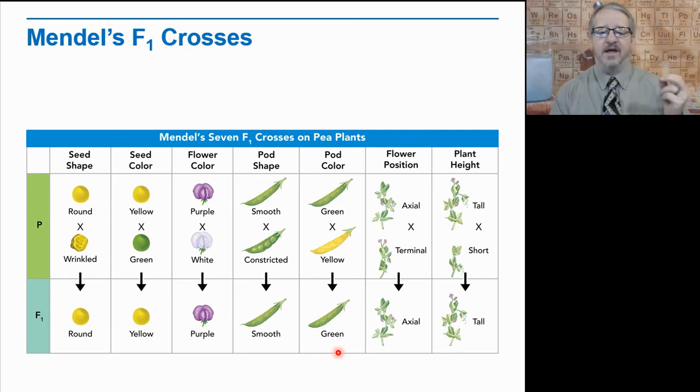So if the offspring gets two dominant alleles, it's going to show the dominant trait. If it gets two recessive alleles, it's going to show the recessive trait. And if it gets a dominant allele and a recessive allele, one from each parent, it's going to show the dominant trait because the dominant is present in the offspring.